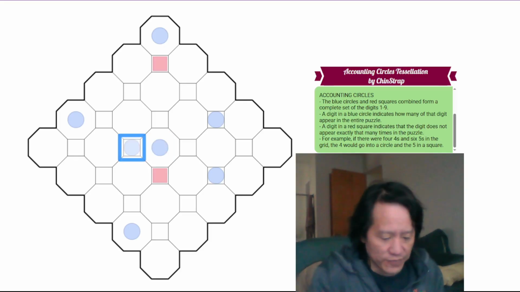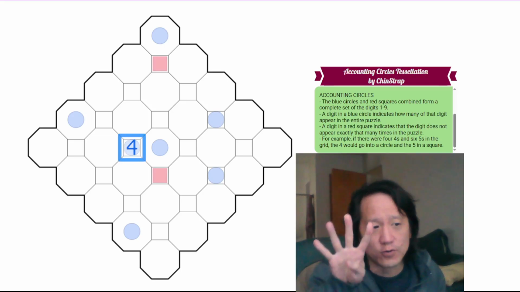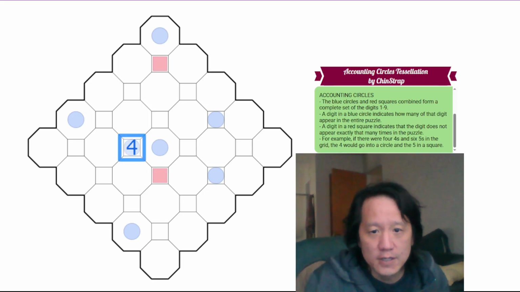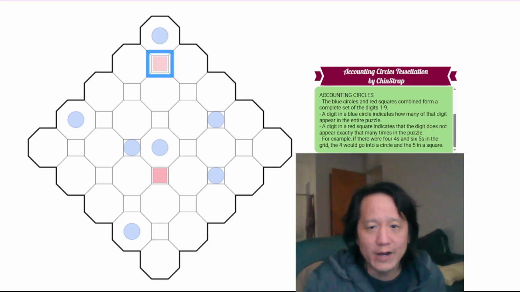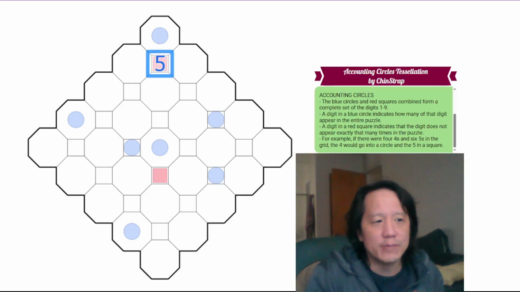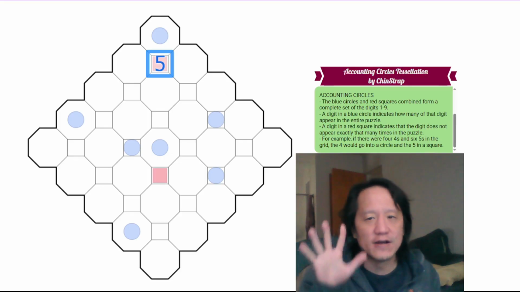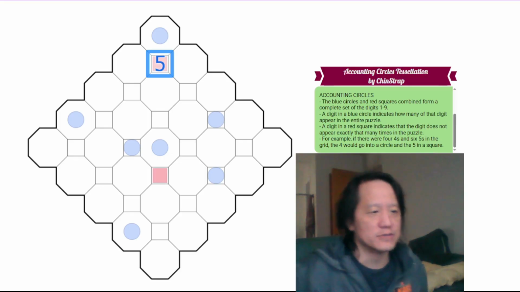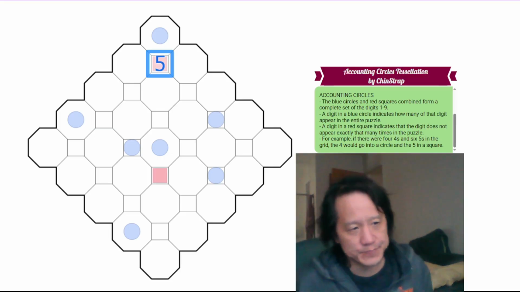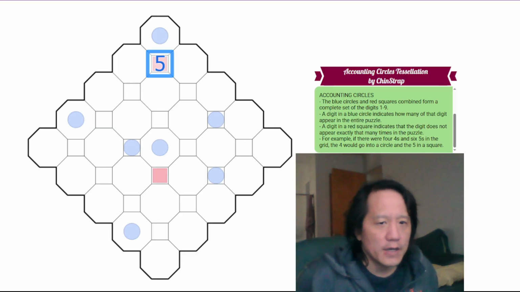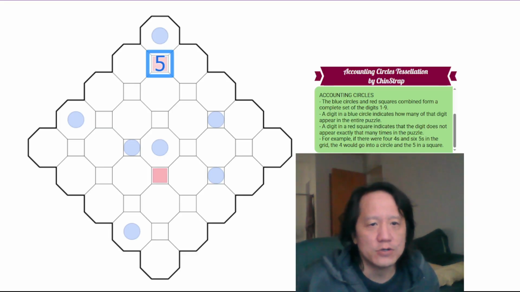So say this was a 4, that means there have to be 4 4s in the puzzle. If there's a digit in the squares, say this was a 5, that means there are not 5 5s in the puzzle. And that's what the red squares versus the blue circles mean. And those are all the rules.